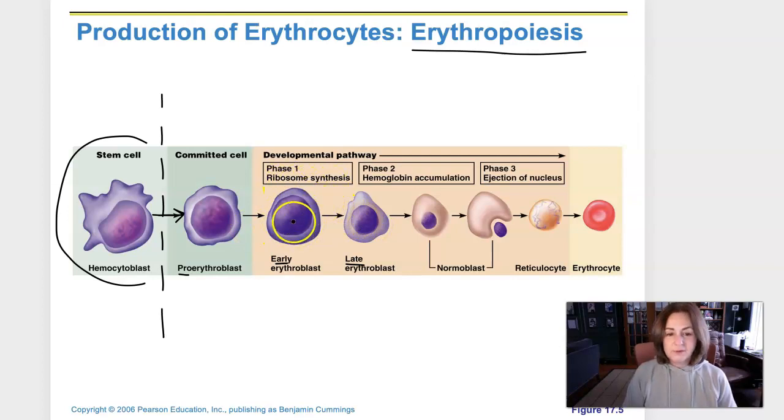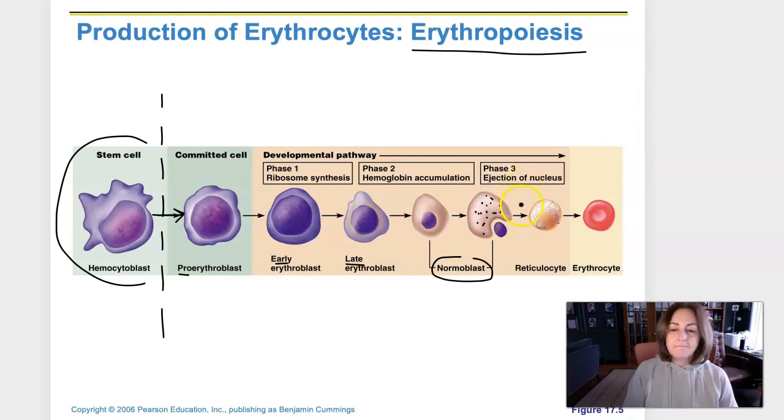So you can see there's ribosomes, there's a nucleus, and transcription and translation is occurring. We're making that protein, hemoglobin, so the cell is accumulating hemoglobin, and then it transforms into something called a normoblast. And that's the phase where the nucleus gets ejected and the cell is just filled with the hemoglobin that it produced while it was developing inside of the bone marrow.